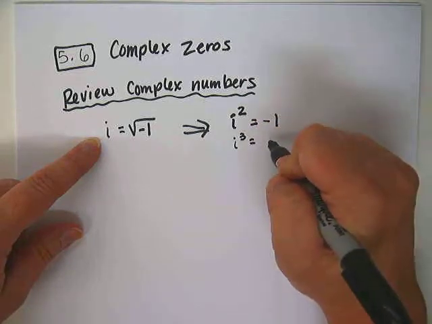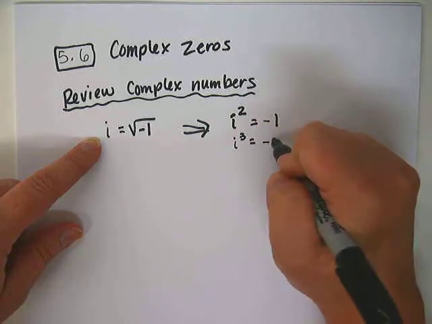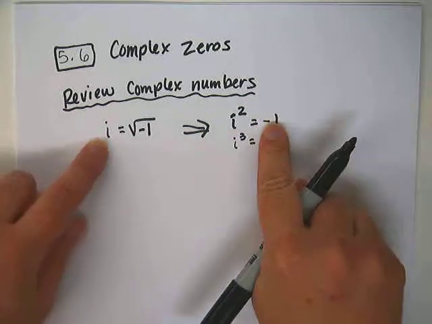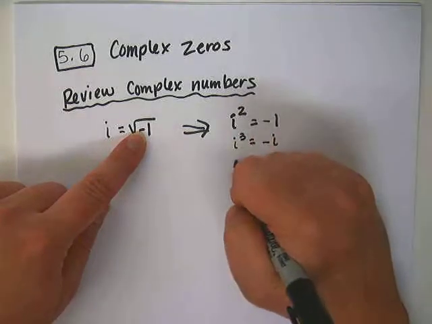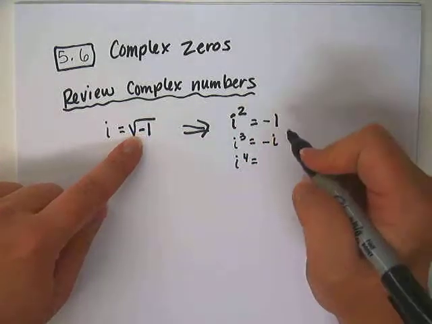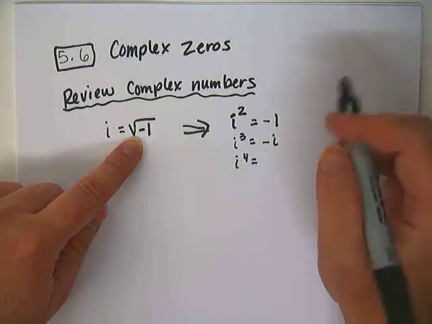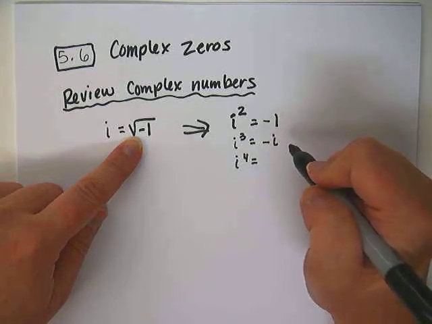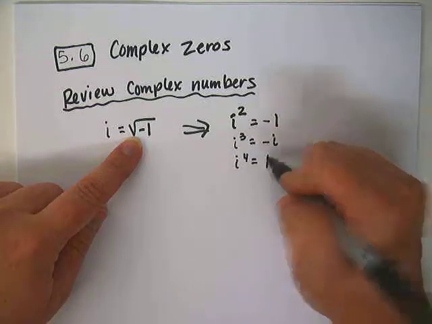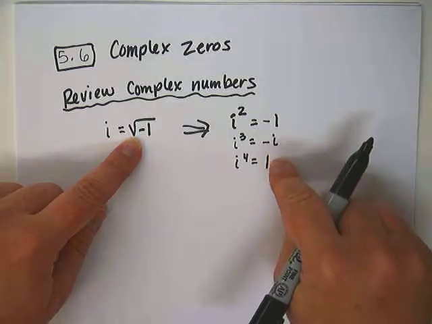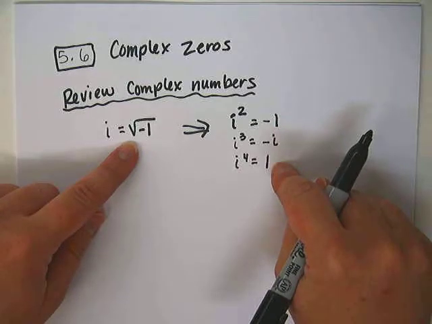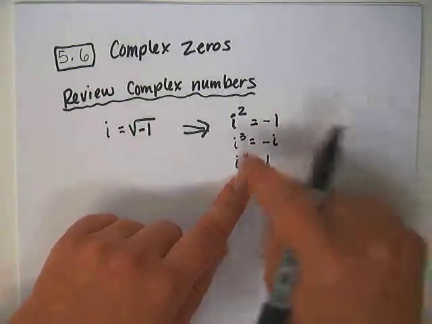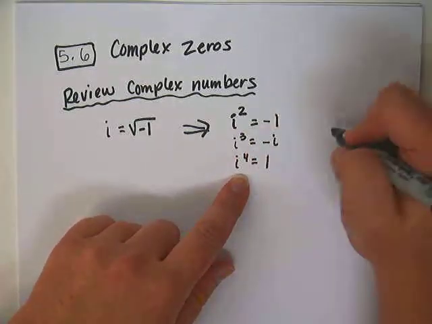In fact, i to the third can just be written as -i, because it's like -1 times i. And i to the fourth can just be 1, because it's -1 squared, and -1 squared is a positive 1. And then this cycle just repeats over and over.